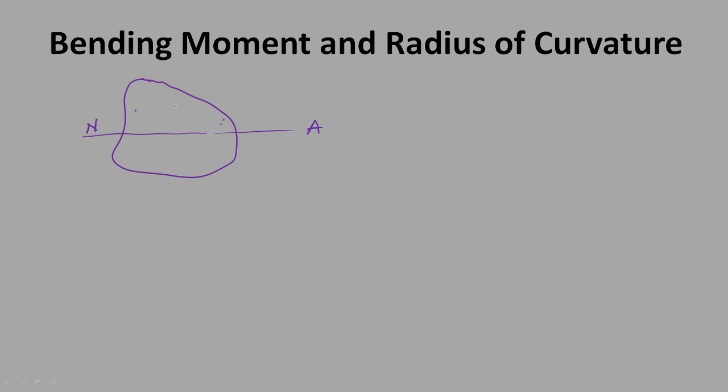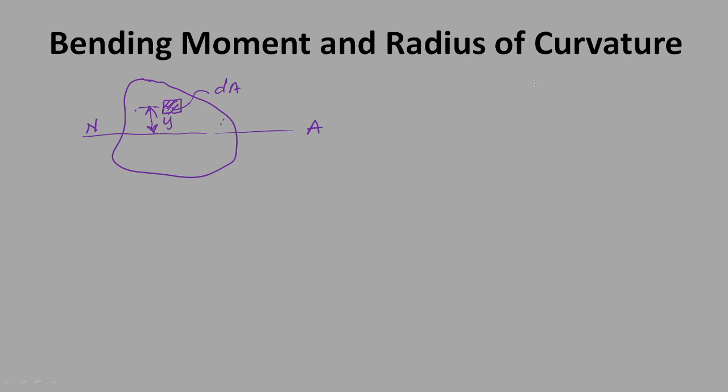Now consider a small element of area dA, which is at a distance y from the neutral axis. So what is the relation you need to find out here? You need to find out the bending moment and radius of curvature. To get the bending moment, what do you need? You need a force and a distance, and you're going to get the bending moment.